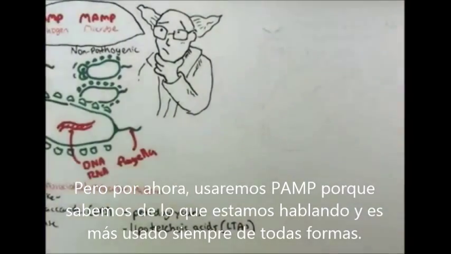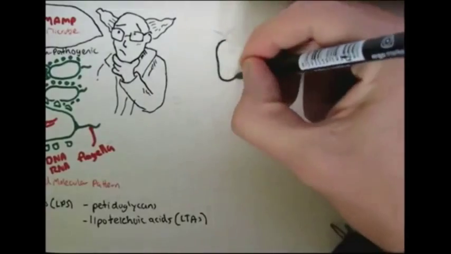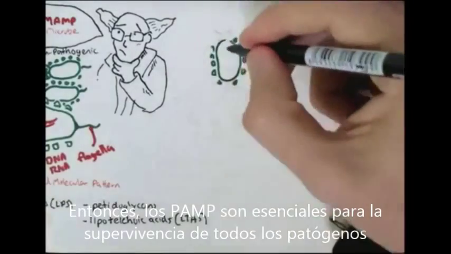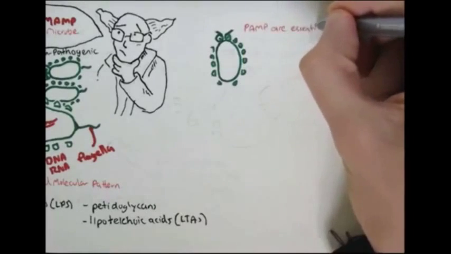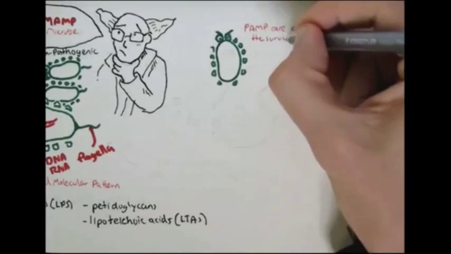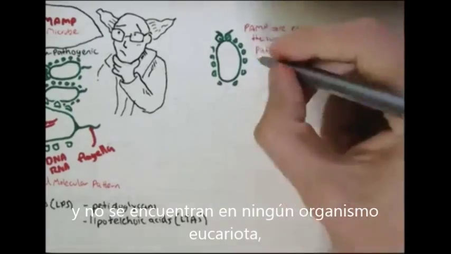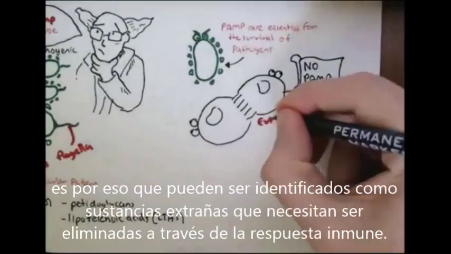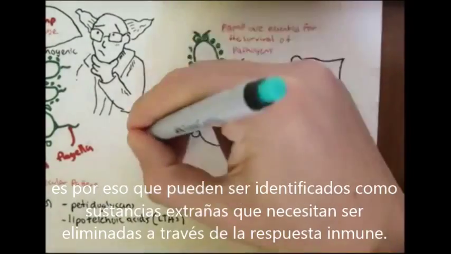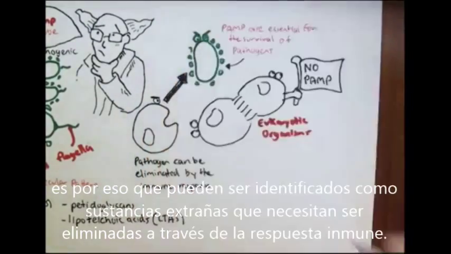Now these PAMPs are essential for the survival of all pathogens, and they are not found in any eukaryotic organisms, and so can be identified in the body as a foreign substance which needs to be eliminated through the immune response.